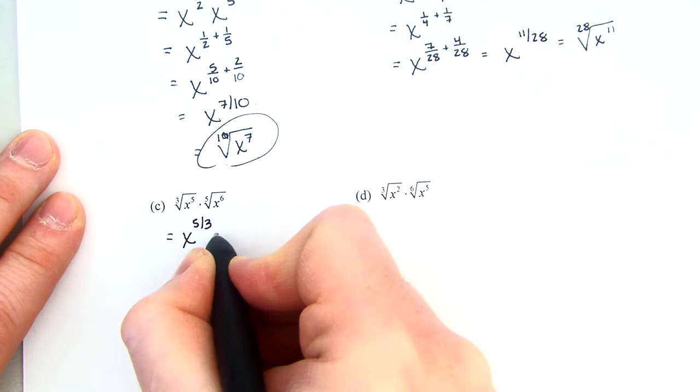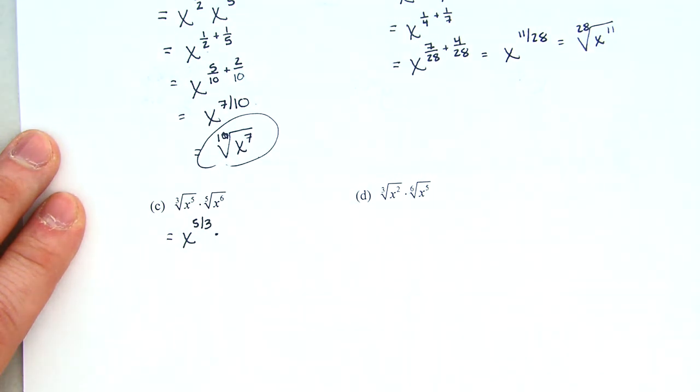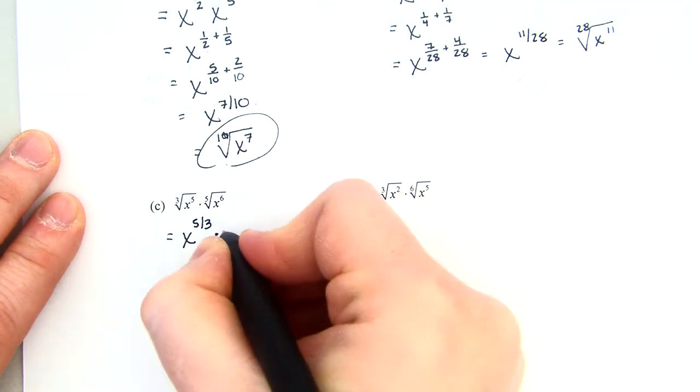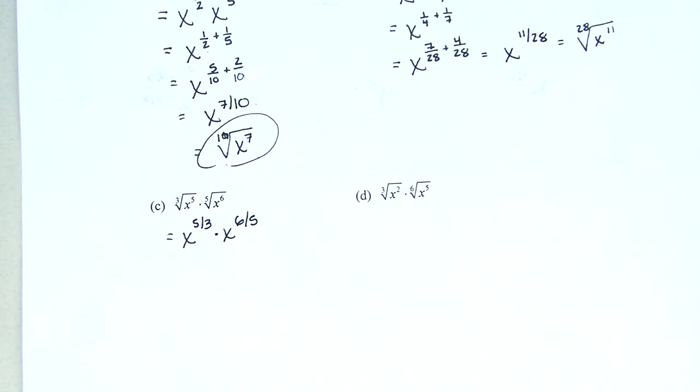Good. And Meredith, what about the second one? Perfect. The difference here is there's a number up top, it's not just one. Go from there. Get your common denominator. Add those things.